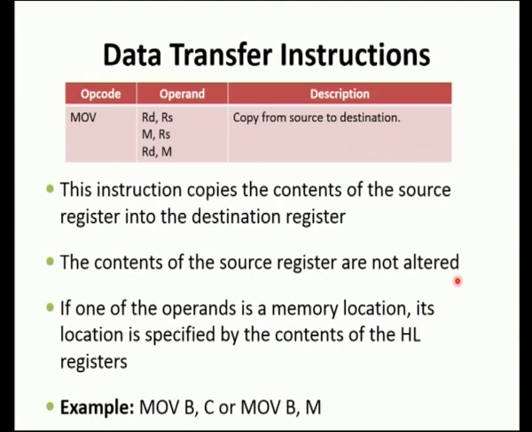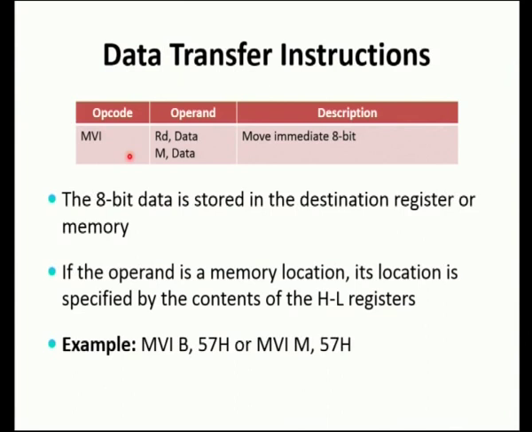Another instruction is MOV M comma RS. So, the content of any one of the source registers will be stored in the M register. M register is a memory register. For that we usually use the HL register pair. Another instruction format is MVI. MVI is mainly used to load the 8-bit data; the data can be loaded either into the register or memory, we can initialize it.